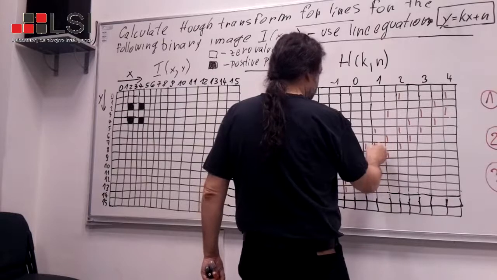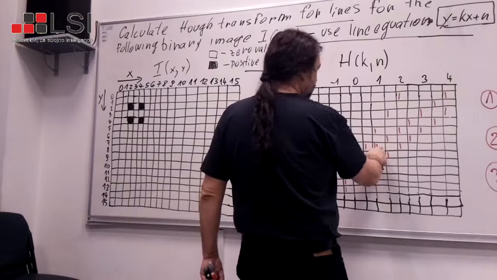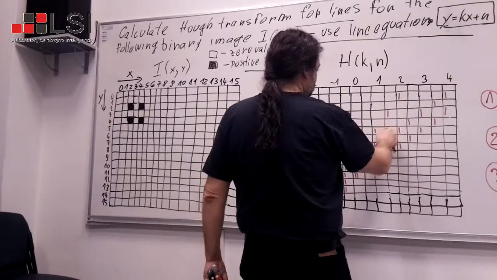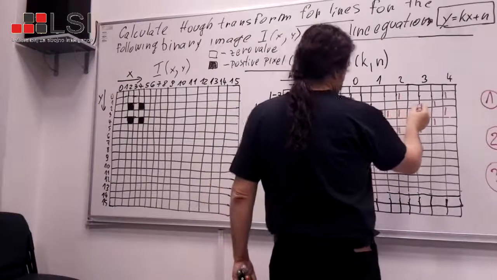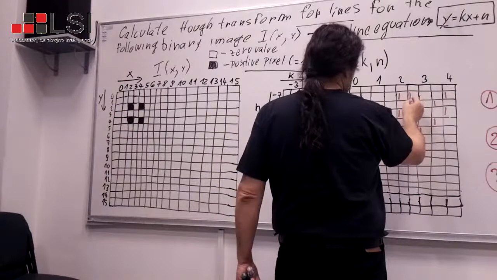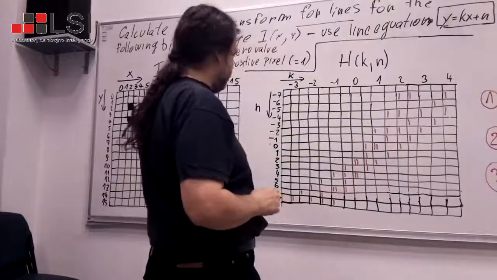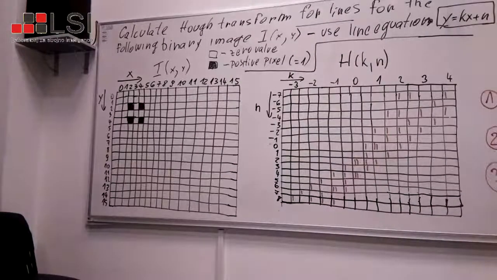So one vote here. And for 1.5, we get minus 2. And then we put one here and one here, and then we're out. Hopefully I did it right. Yeah. So let's look at this. Let's calculate the last one.